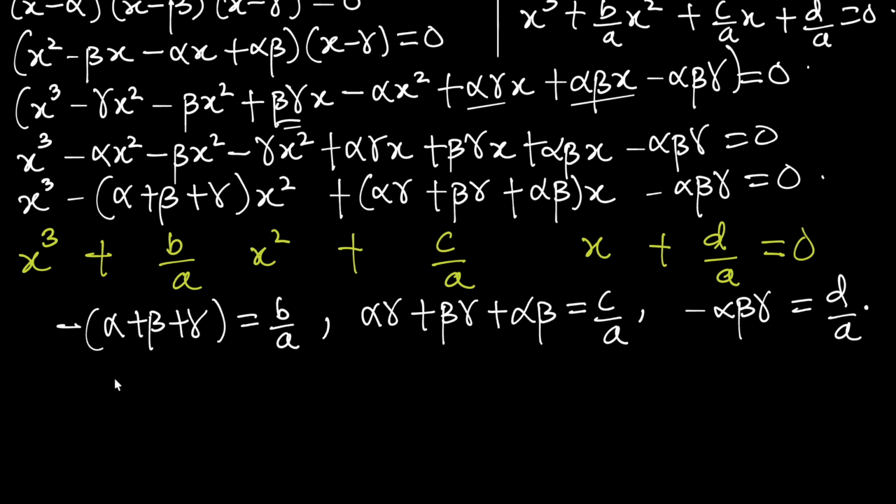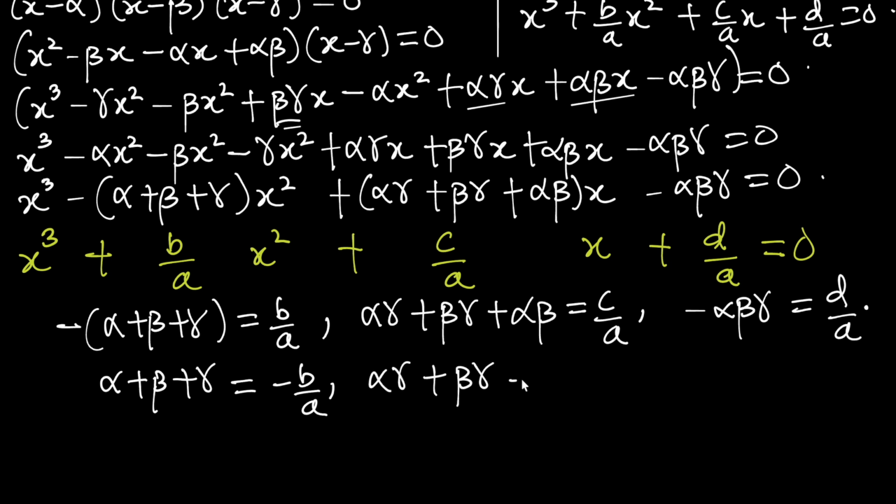So we can write this properly as alpha plus beta plus gamma equals negative b over a, and this is going to remain as it is, alpha gamma plus beta gamma plus alpha beta equals c over a, and this can be written as alpha beta gamma equals negative d over a.